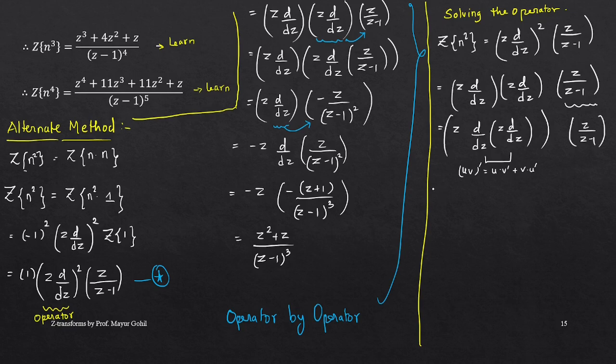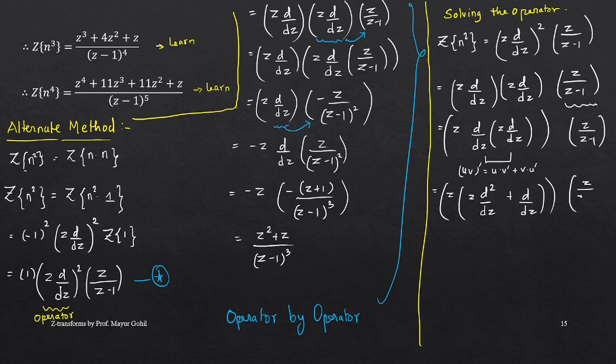So now when I do this, I have z outside and I apply the UV rule. So I have z times the double derivative d square by dz square, plus, now we have v outside and the derivative of u, the derivative of z is 1, so it is going to be d by dz.